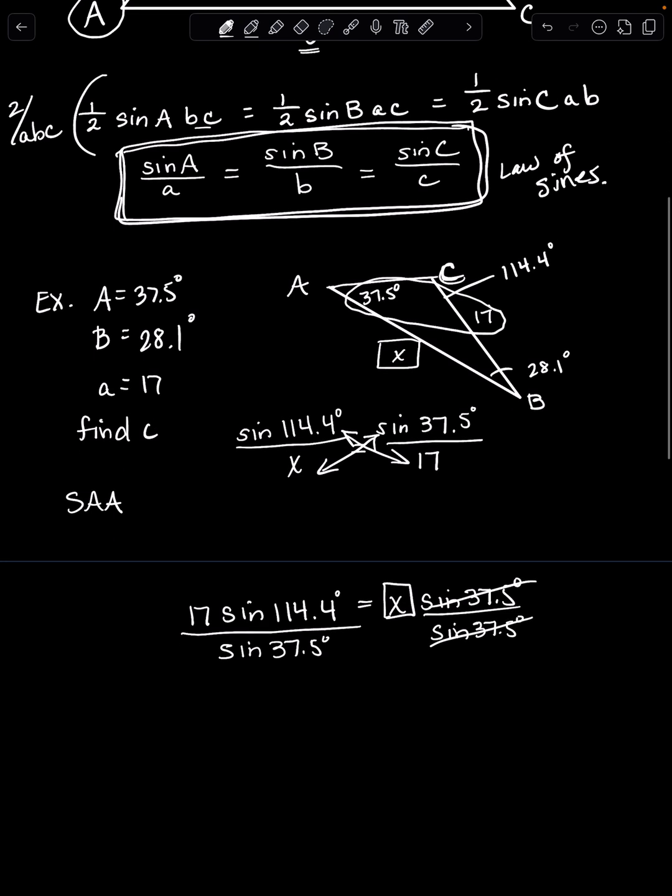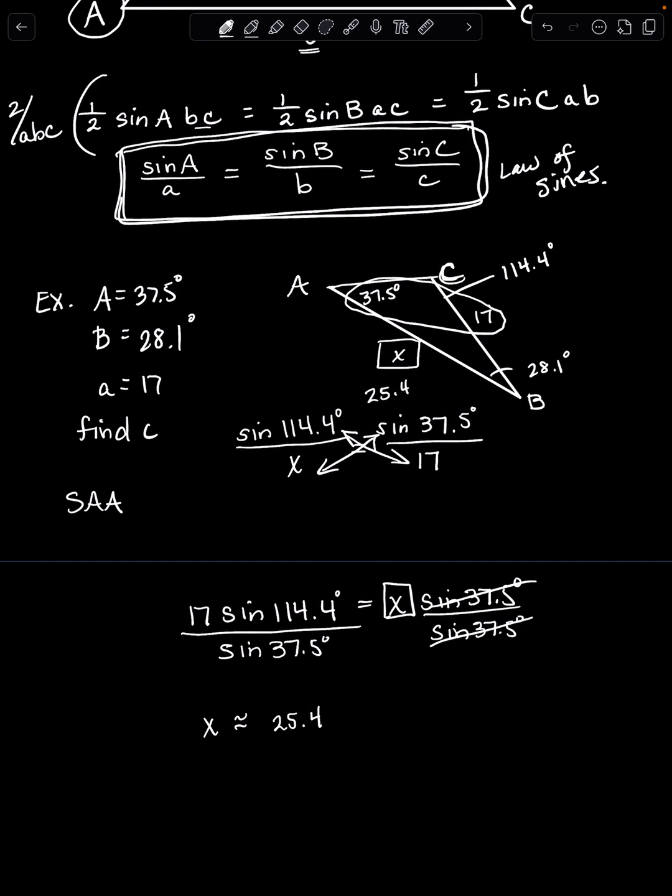When I do that, I'm just going to punch that in my calculator. It's going to give me an approximation, and plugging it in your calculator, you get 25.4. So this side C is 25.4.